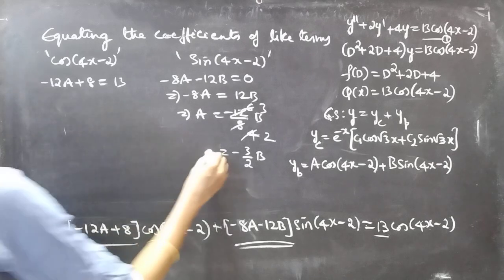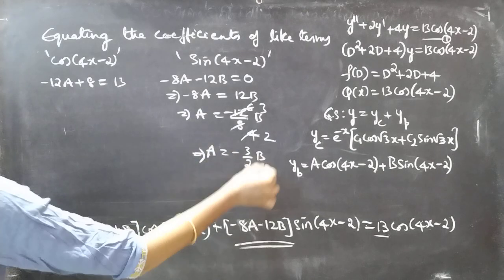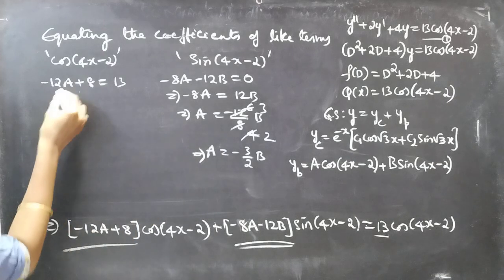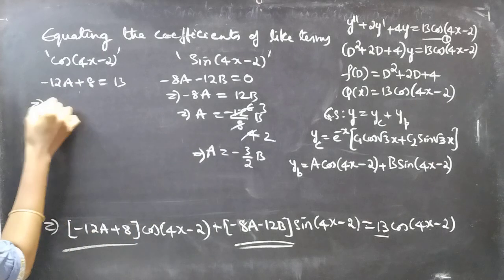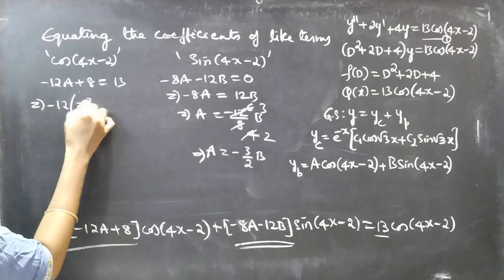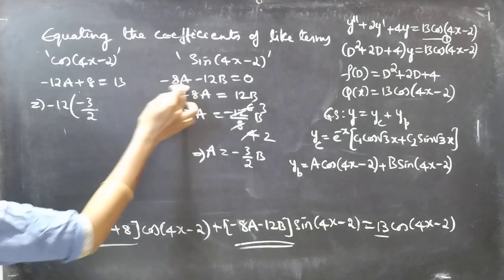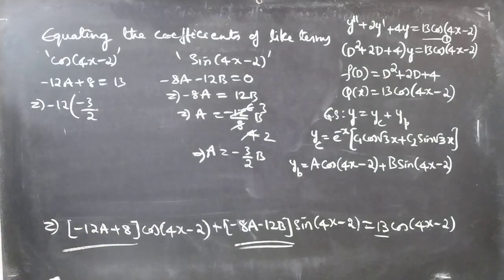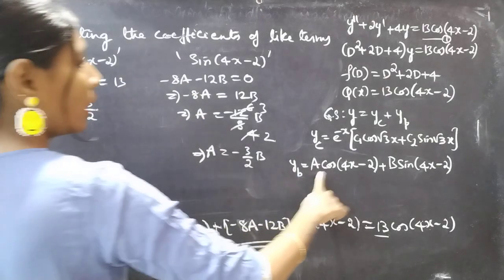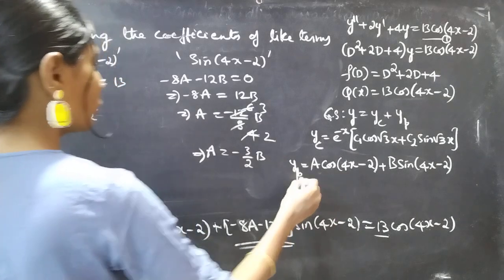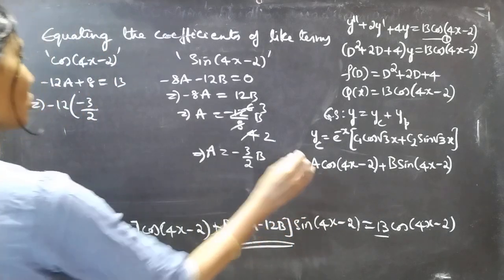Now substitute a equal to minus 3 by 2 b in this equation, or you can just solve these two equations to find a and b. Here a and b are the undetermined coefficients. Now we are finding the values of a and b.